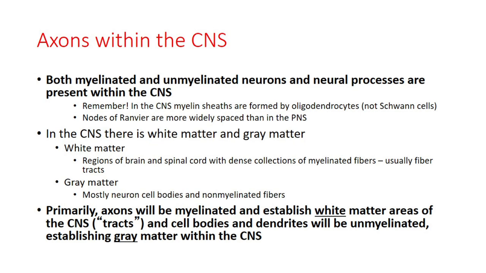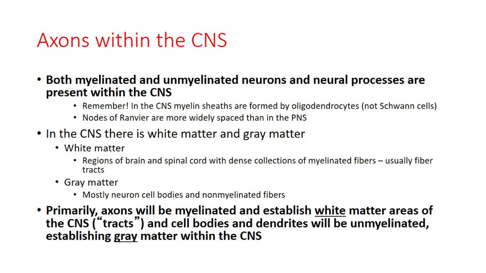And in the central nervous system, myelin sheaths are formed by oligodendrocytes, and in the peripheral nervous system, they're formed by Schwann cells. And we really only see those nodes of Ranvier in that widely spaced manner in the peripheral nervous system. And we see this type of myelination in an organized manner inside of the central nervous system. So much so that we have areas called white matter or gray matter.